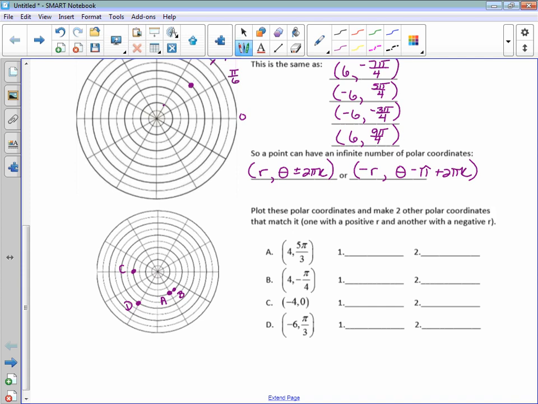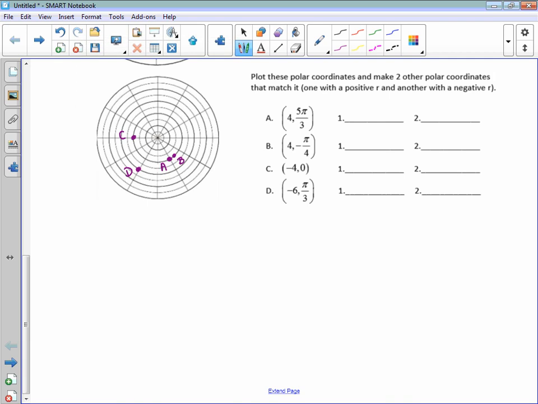A and B are really close together, but I've labeled A, B, C, and D, so you can check your graph. And then, guys, I'm going to write 2 possibilities that you could have for points here. There are plenty of other options, though.